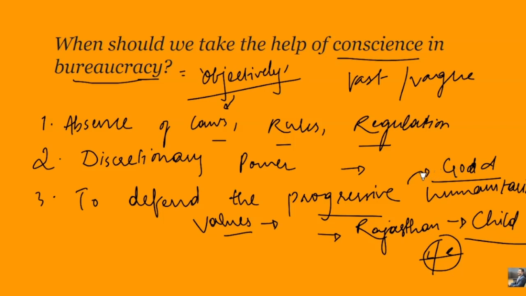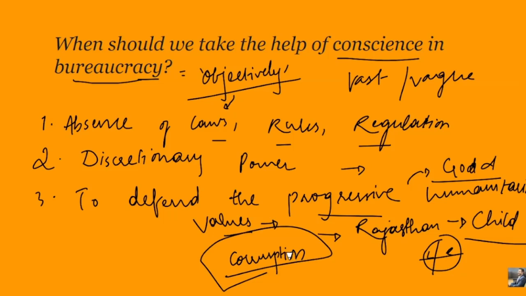So sometimes we have to resort to the help of conscience in order to defend the progressive humanitarian values. If a malicious practice of corruption is taking place, and as we all know this is against the progressive humanitarian value, here we can take the help of our conscience.